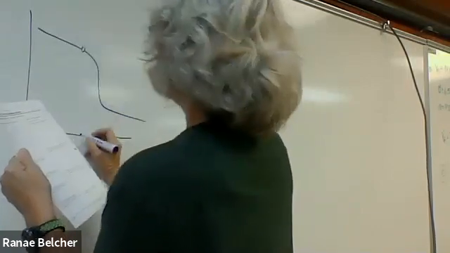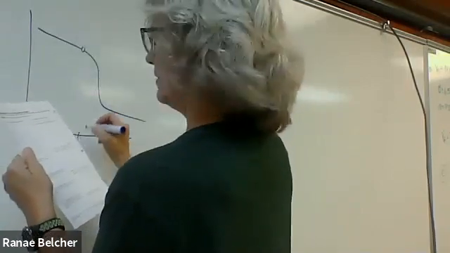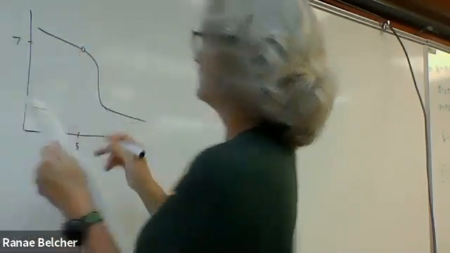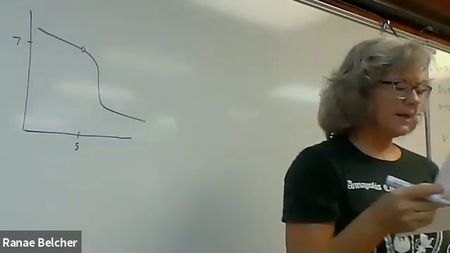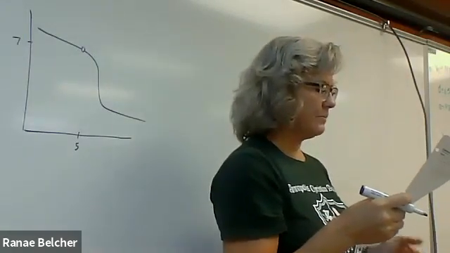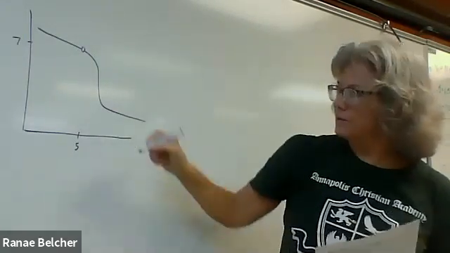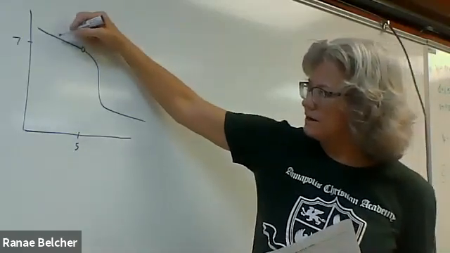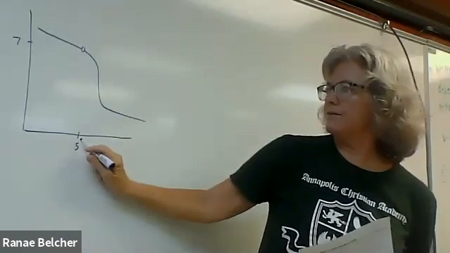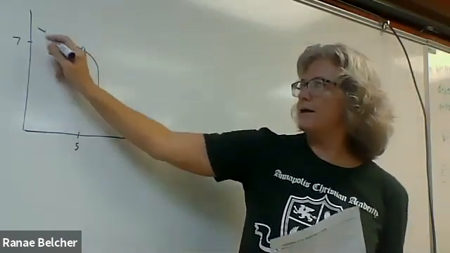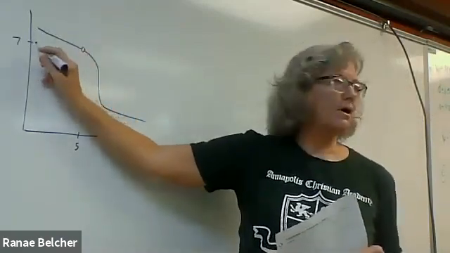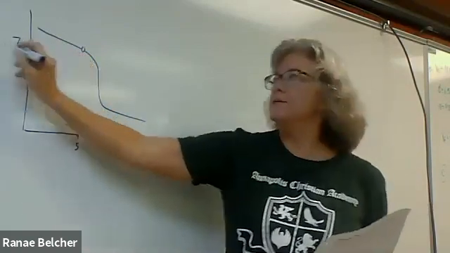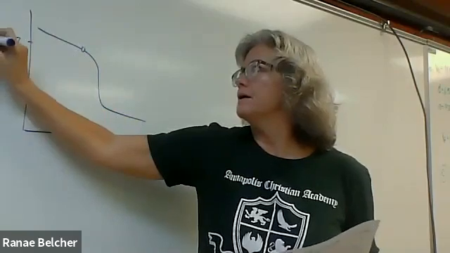Continuity, at 5. The limit of f of x as x approaches 5 is equal to 7. So in other words, you look at this function, and what does it look like the y value is trying to be when x is 5? 7, although it's not 7 because there's a discontinuity there. But it's trying to be, so the limit is 7.